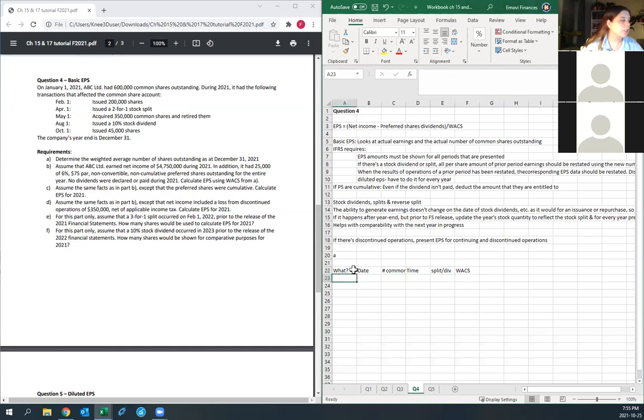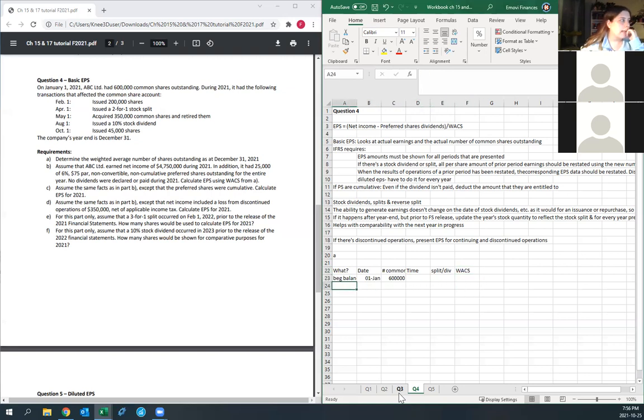So we're going to look first. You have to put your beginning balance. So on January 1st, you had 600,000 shares. And I'm going to fill in the time and split/dividend columns as I go, and then the weighted average common shares as I go or at the end.